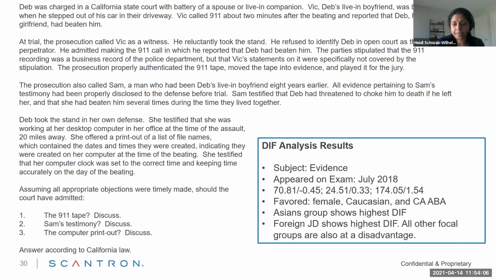Particularly in the ethnicity category, Asian group showed highest diff for this item, and foreign JD also had large diff, and other focal groups were also found to be at a disadvantage under the school type category.